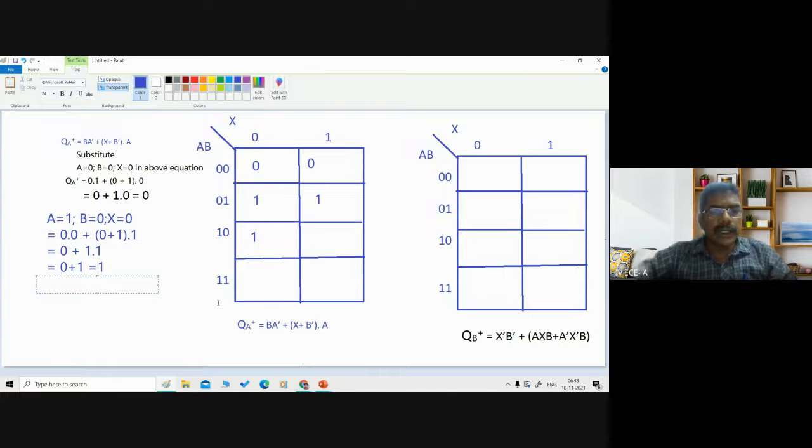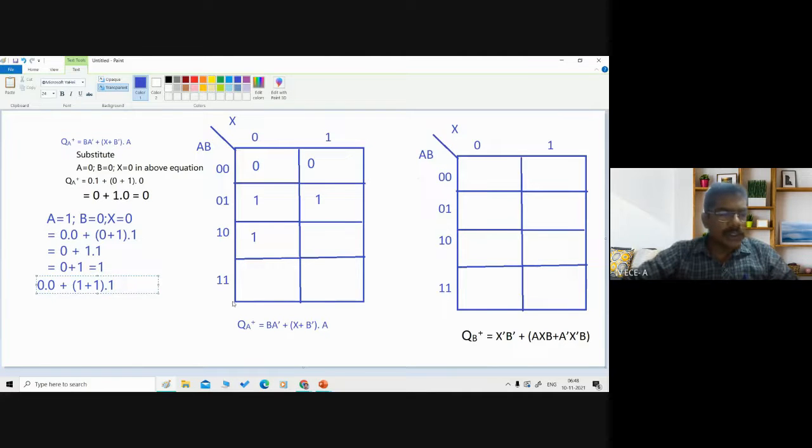Next one, you can change this value alone. So X equal to 1, the same case, A equal to 1, B equal to 0, the only change is X value. So you will be getting 0 into 0, plus X value is 1, plus 1 into 1.